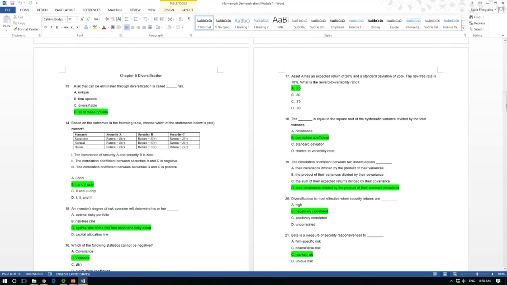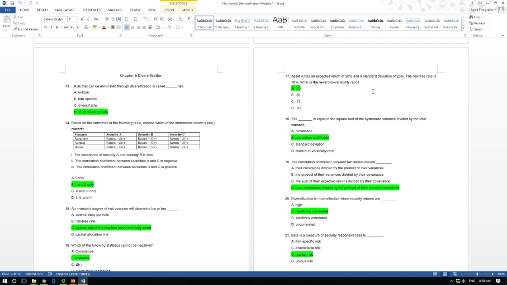Number 17. Asset A has an expected rate of return of 20%, standard deviation 25%, and risk-free rate 10%. What is the reward to variability ratio? This reward to variability ratio is also called the Sharpe ratio. How do we get that?